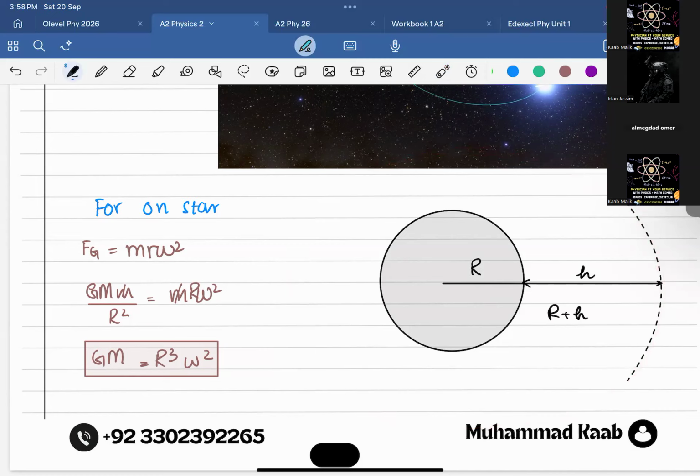They ask you about this in numerical questions. You just need to know to add the height above the surface of the planet to the radius if they're asking for the orbital velocity or anything related. Okay, clear?